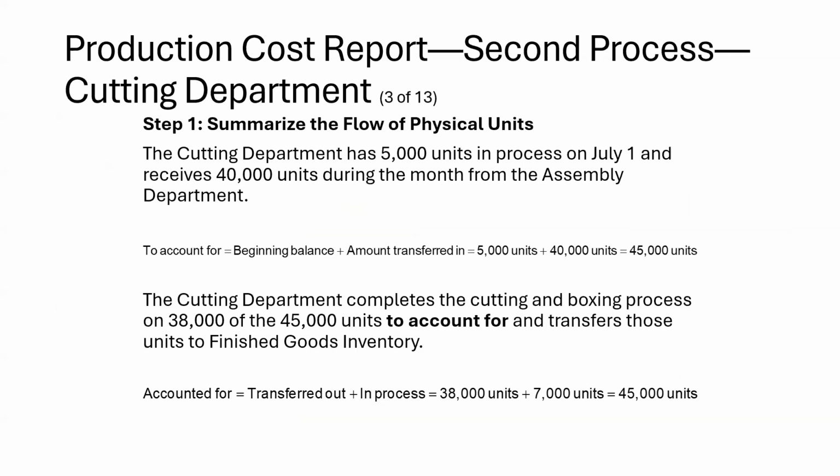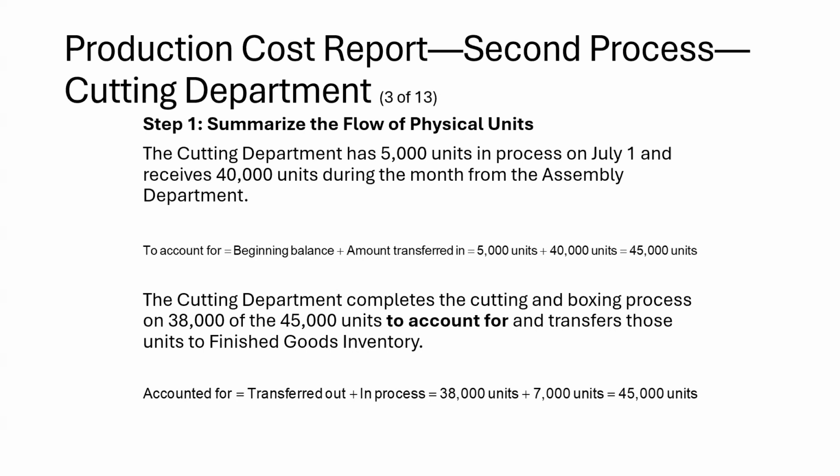Step 1, which is summarize the flow of physical units. The cutting department had 5,000 units in process on July 1st, and they received 40,000 units during the month from the assembly department. Therefore, the units to account for is 45,000 units.